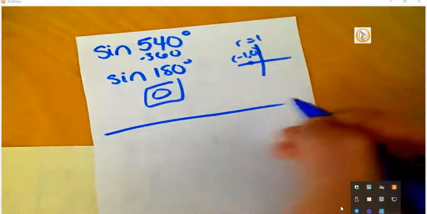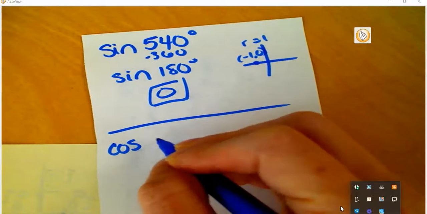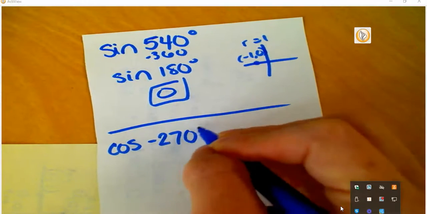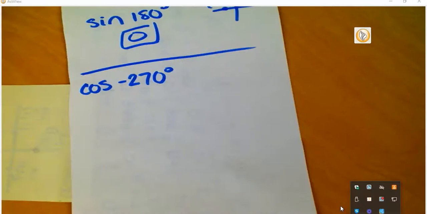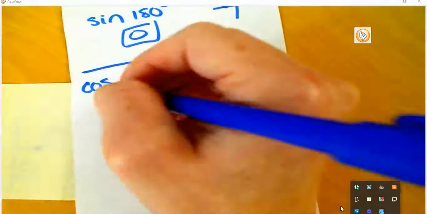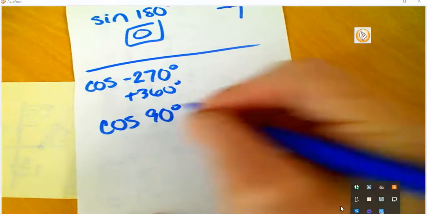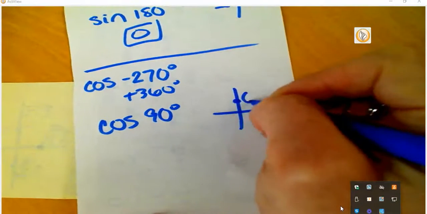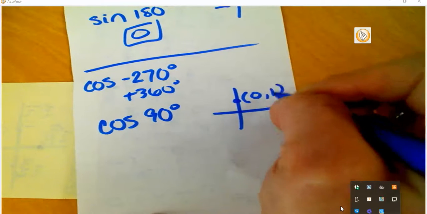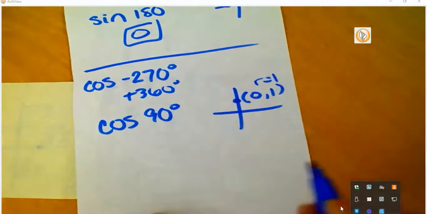If I said the cosine of negative 270 degrees, what would you do? Add 360. And we get cosine of 90. So then you think, okay, 90 is right here. My x is 0, my y is 1, r is always 1.